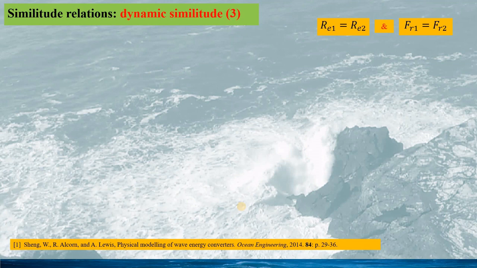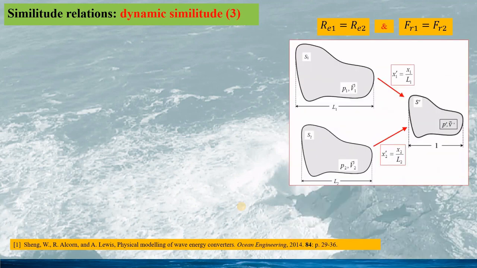We have shown that when the Reynolds numbers Re1 equals Re2 and the Froude number Fr1 equals Fr2, then we have the identical transformed system for the systems S1 and S2. Here, we use the single transformed system S prime as the transformed system for these two systems S1 and S2.